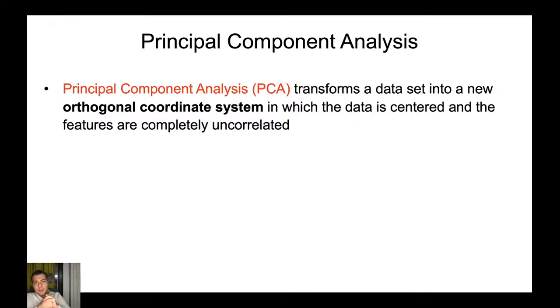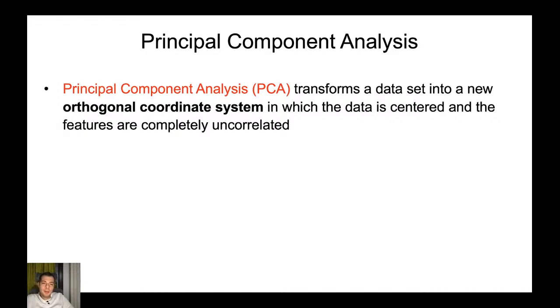So how do we find the principal components? First, we will start with the conceptual idea and try to explain the algorithm, and then we're going to see that we can do this also using eigenvectors.